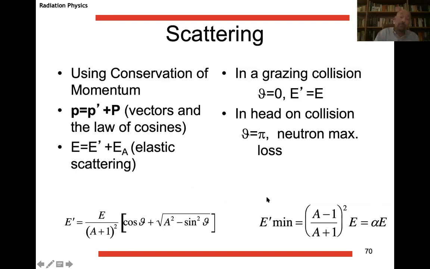And the minimum, as usual, you get it for head-on collisions, where the neutron is essentially backscattered at pi, and then this formula becomes very simple because it's simply given by this equation: (A minus 1) divided by (A plus 1), squared, times the incident energy, of course.